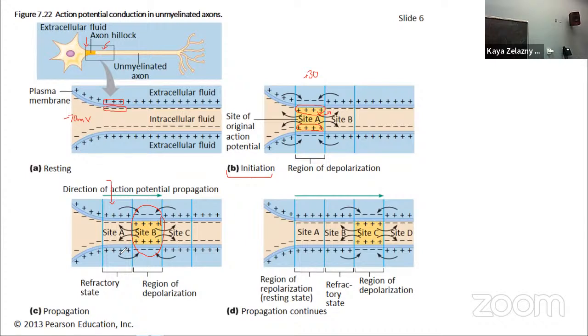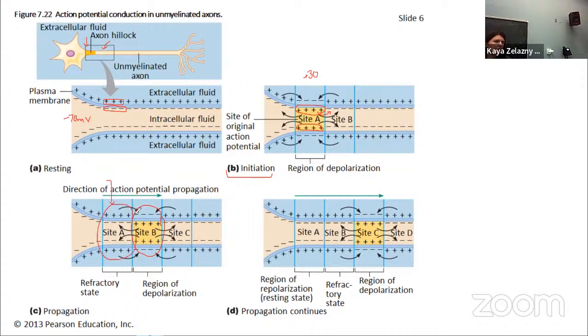So we're repolarizing. Potassium is moving out. We're moving positive charges out of site A, and we are, in fact, even hyperpolarizing site A. We're moving so much potassium out that we go down below -70, right? So that is what's happening here at site A.